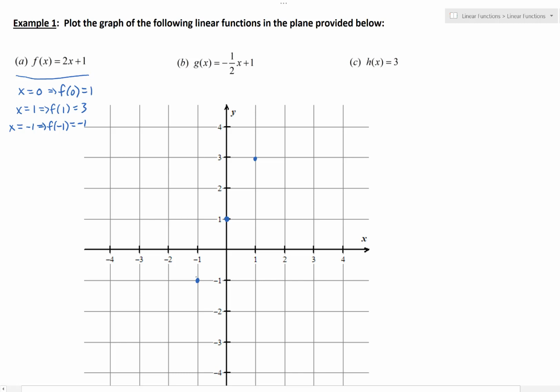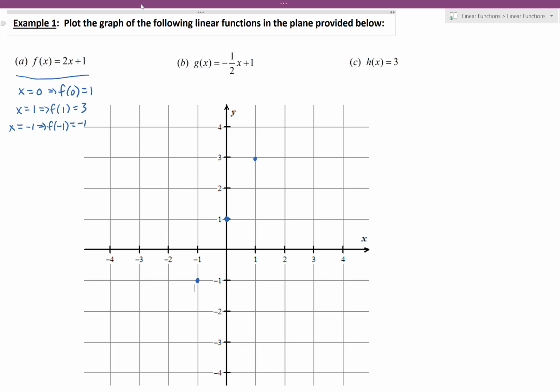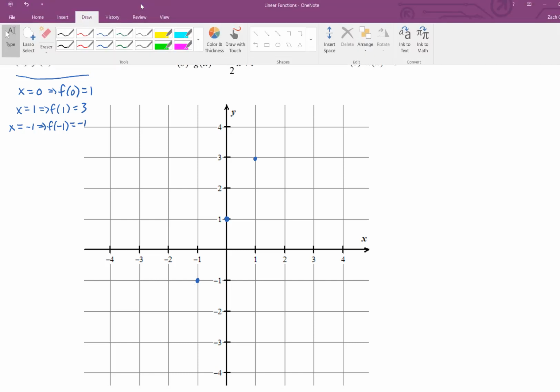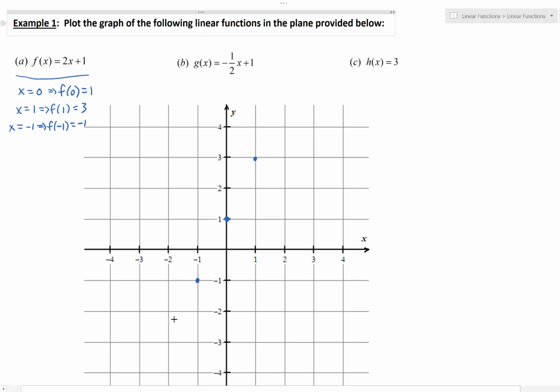Now you can already see these three dots look like, if we connect them, a line. And sure enough, it is. So let's go ahead and plot that line as so. Get it as accurate as possible here. And there is our first example of a linear function's graph, which is f of x equals 2x plus 1.